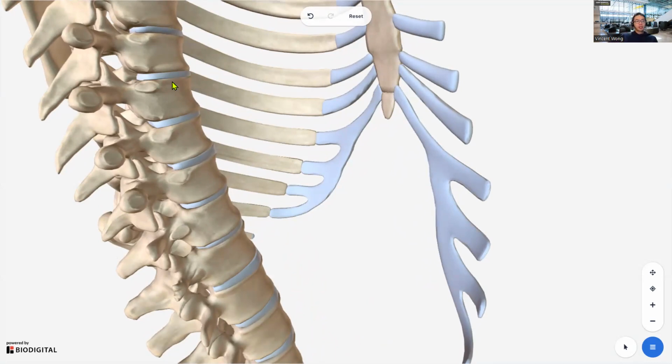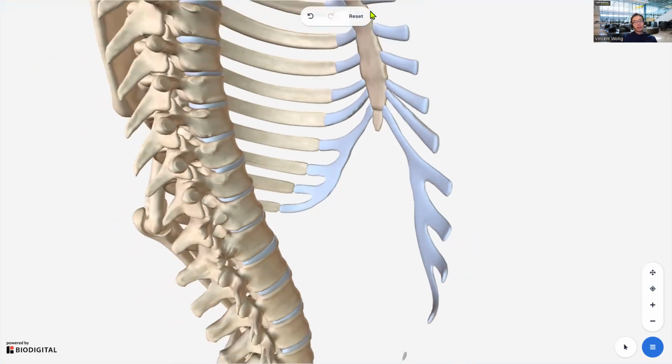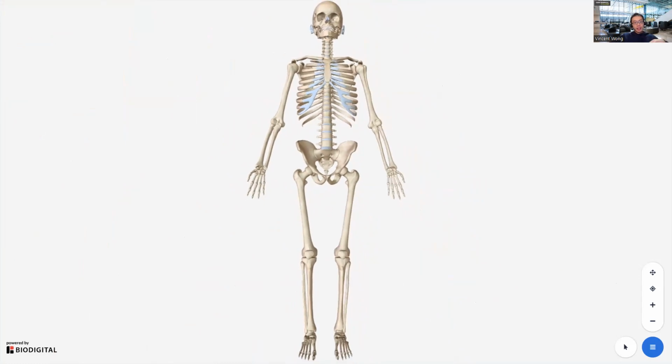But sometimes the disc can get thinner as we age, and then these 2 bones can crush on each other and pinch on the nerve that's coming out of it. Then people might have numbness or tingly feelings in their limbs because of the compressed nerve. It's called a pinched nerve, you might have heard of that.